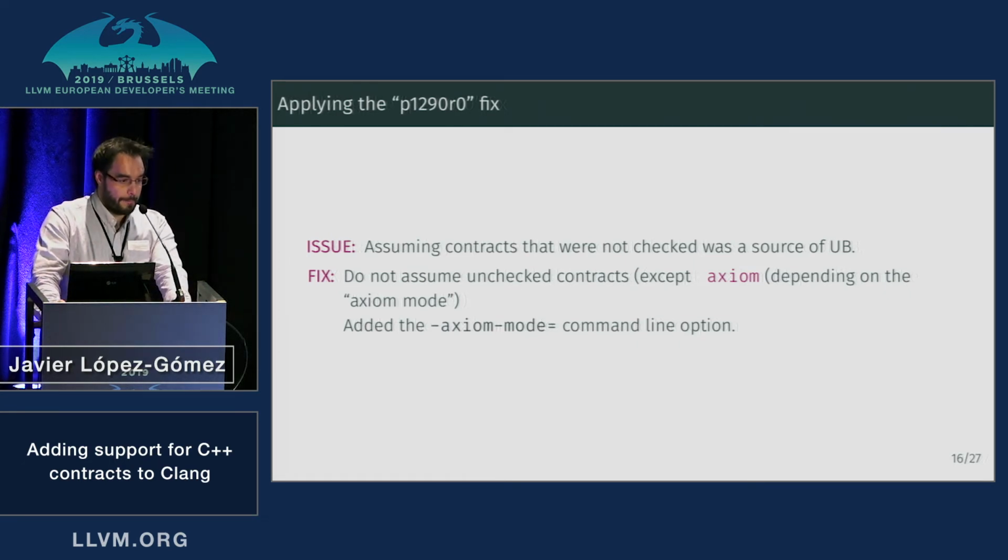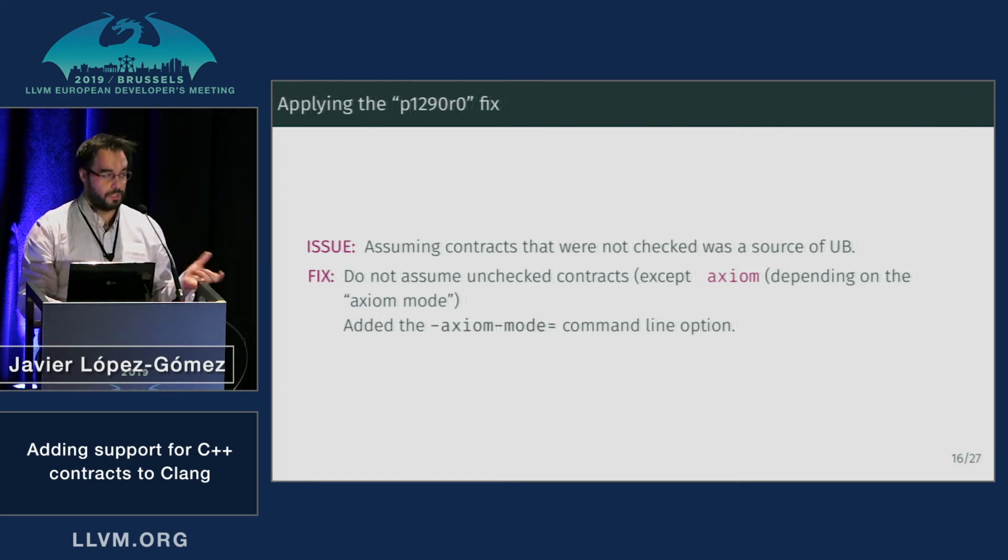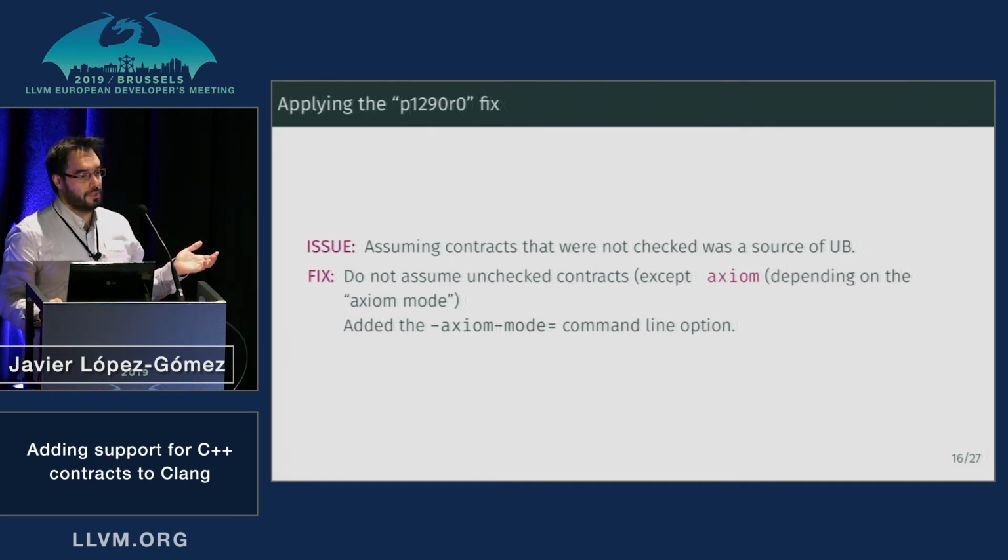Additionally, conditions specified as axiom, because they are axiomatic, should be taken for granted, so they should be assumed always. There is also a proposal to optionally ignore the axiom conditions if you put axiom mode equals off.